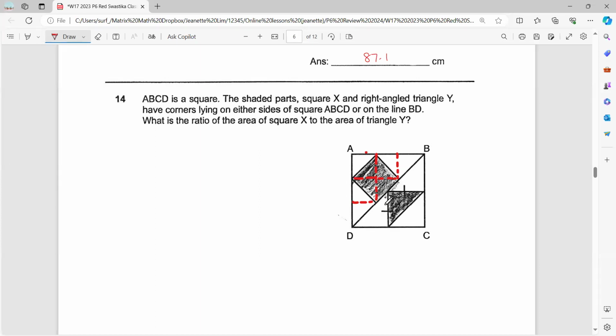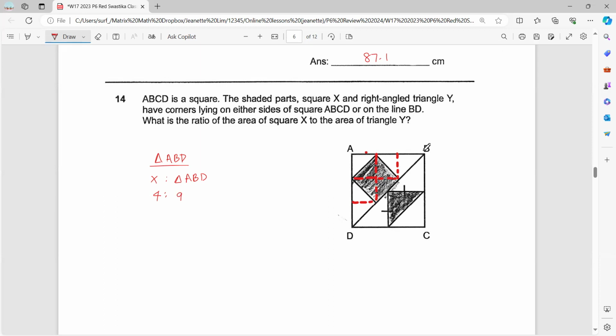Triangle ABD, the ratio of the shaded part to the whole area of ABD is how much? The area of the shaded part is X, right? X to the whole of triangle ABD. So you count the triangles. The shaded part has 4 triangles. The whole triangle has 1, 2, 3, 4, 5, 6, 7, 8, 9. So X is 4. ABD is 9.